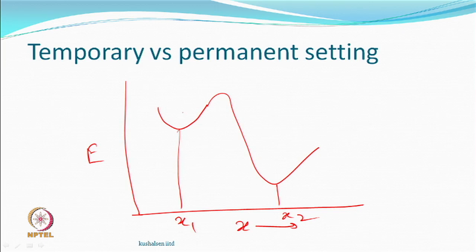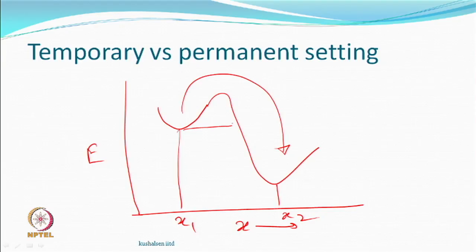Now, this change from state x1 to state x2 can be considered as a permanent change, a relatively permanent change. Why? Because there is an energy barrier which was crossed and it went down all the way till this point.